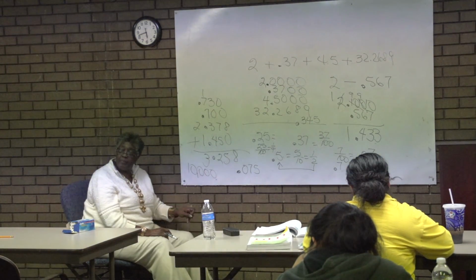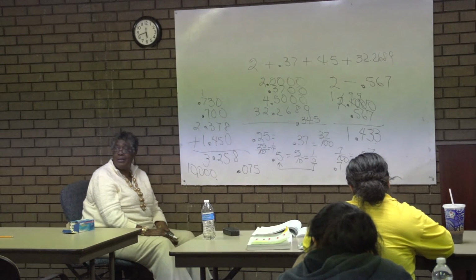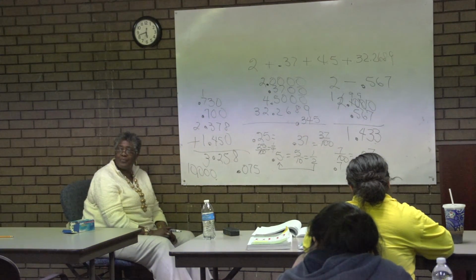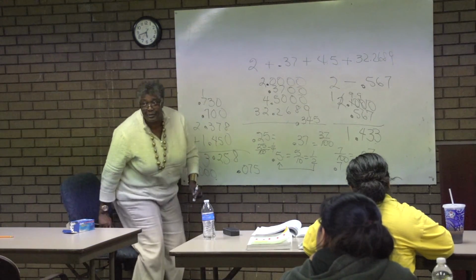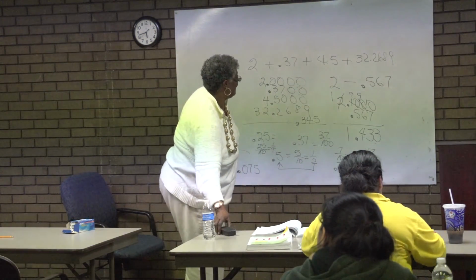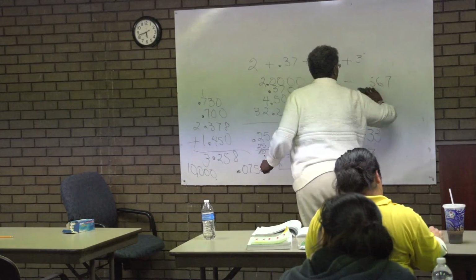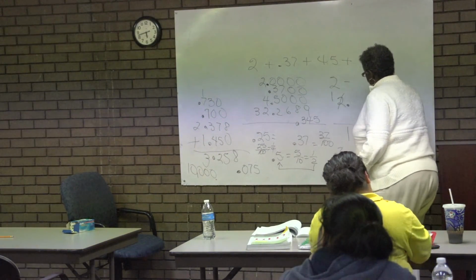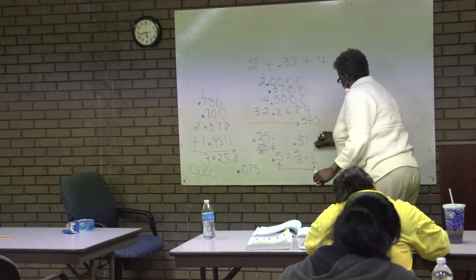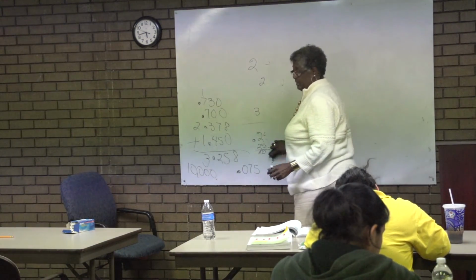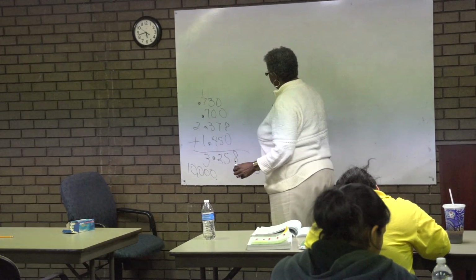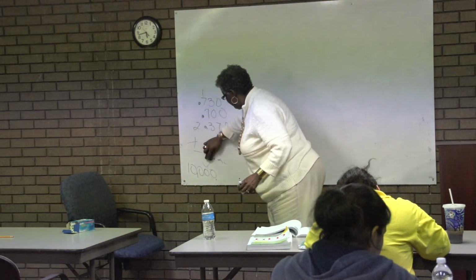What number did you say though? I said 10,000. Oh, you said another number. That's how I got confused. Write that one down: 75 ten-thousandths. So what you have to think is, how many places do I need for ten-thousandths?